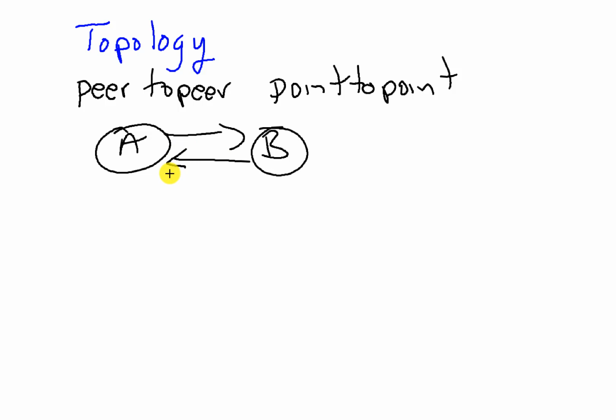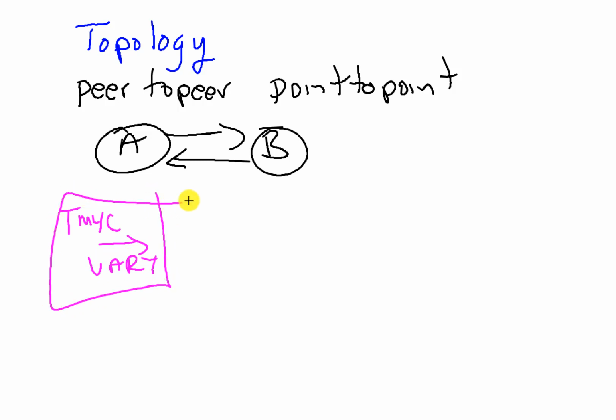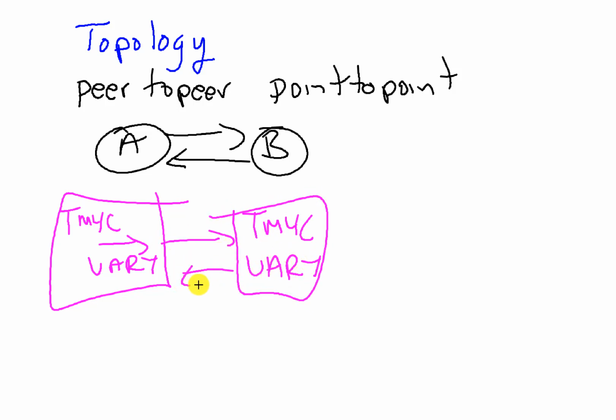We saw this in 319K, where we had one microcontroller here, one TM4C here, and we had a UART. With the UART, we connected to a second TM4C and used the UART in the other one to communicate between the two. That was point-to-point. Another example of point-to-point is Bluetooth.